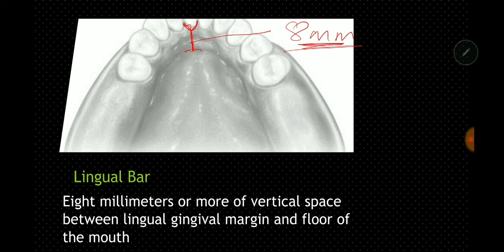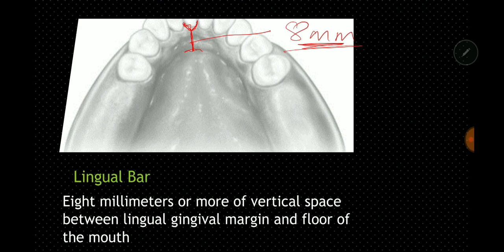Some of the characteristics: usually the lingual bar is a half-pear-shaped bar, and its bulkiest portion is on the inferior side. The inferior portion of the lingual bar has to be rounded, and this prevents damage to the floor of the mouth when the floor of the mouth elevates.